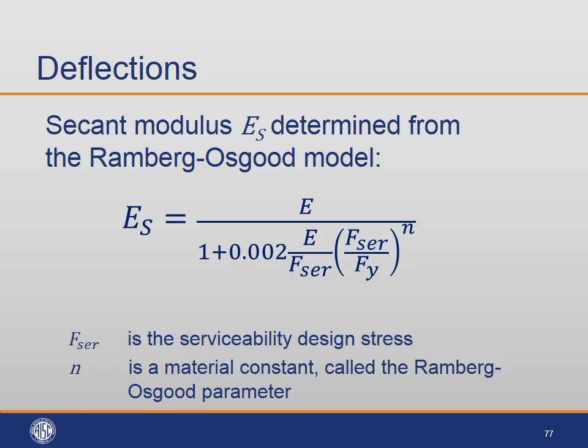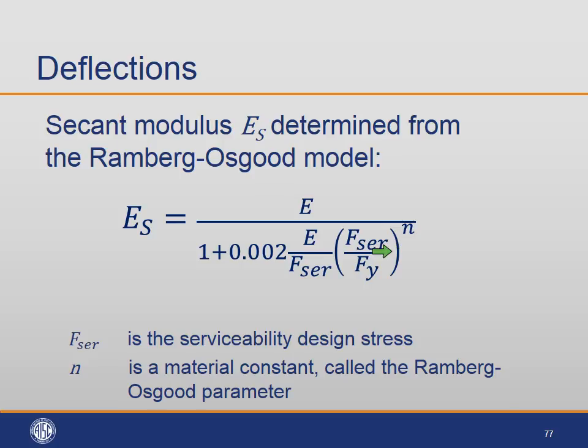So in order to calculate the secant modulus, you have to use this equation, which is taken from the Ramberg-Osgood model. And you can see the secant modulus, Es, is related to the initial elastic modulus, Young's modulus, and also related to the serviceability design stress, F, and to this parameter n.